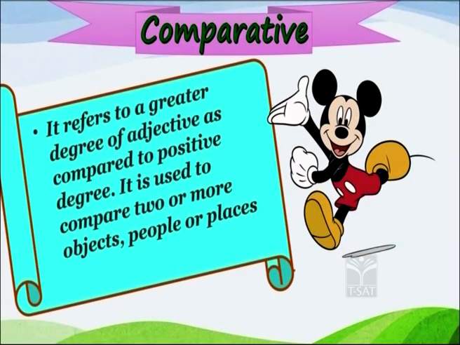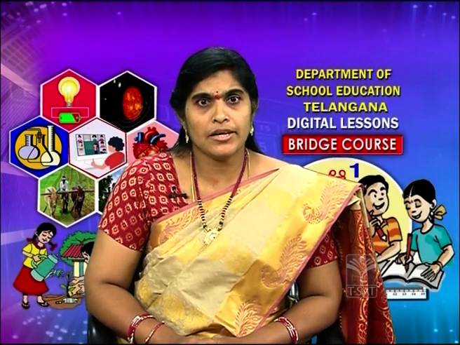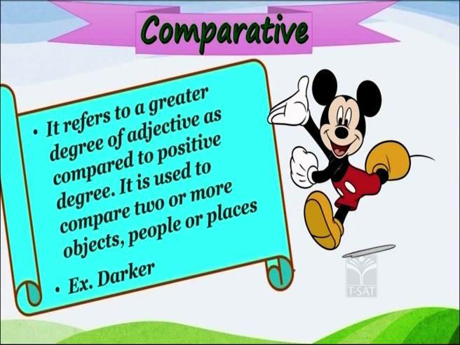Next we shall go with the comparative degree. It is nothing but a greater degree of adjective as compared to the positive degree. It is used to compare two or more objects, people or places. For example, darker. In the previous slide, we have learned the word dark.